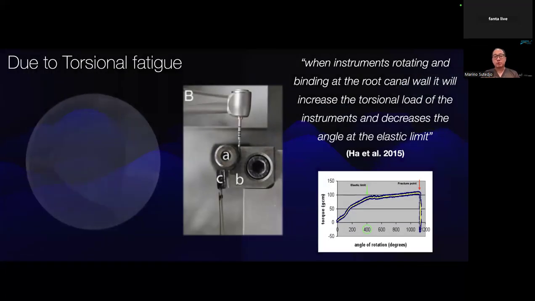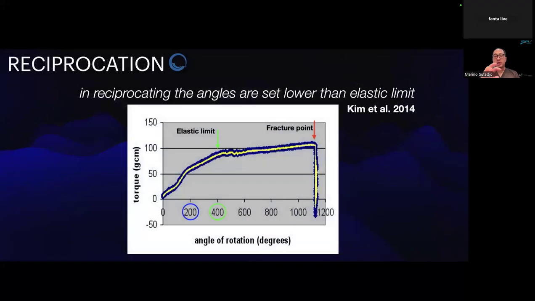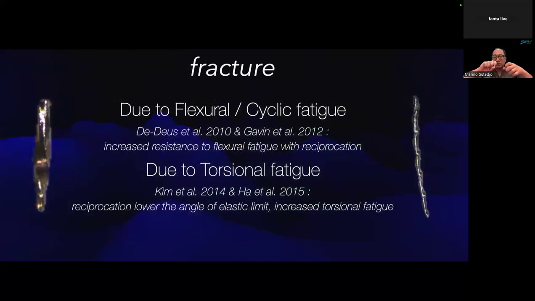And how does reciprocation respond to this kind of torsional fatigue? By making it reciprocating, the angle never reaches the elastic limit of the instrument. When it approaches the elastic limit, the file goes into a counterclockwise motion.